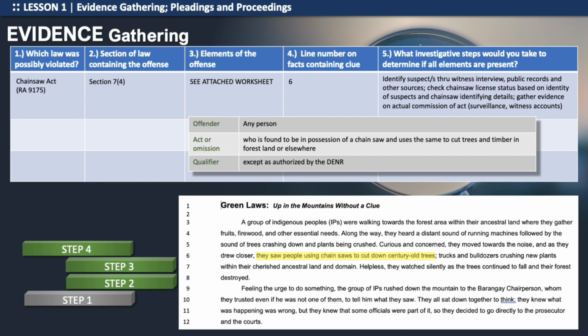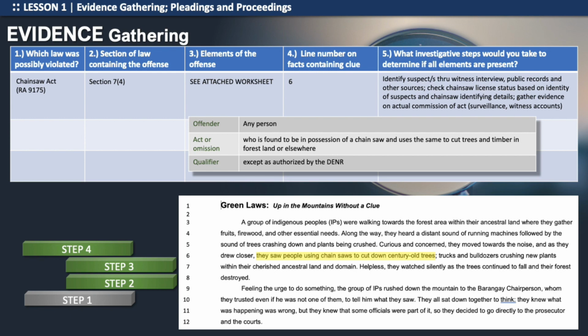So I gave you a giveaway, really. But do note, in reading this hypothetical case, this up in the mountains without a clue, I'm sure you're finding more than what we just discussed. I'm sure there are a few more that you'll find there where you could fill in additional rows in this worksheet, answering similarly.